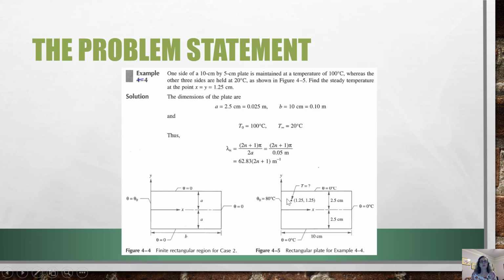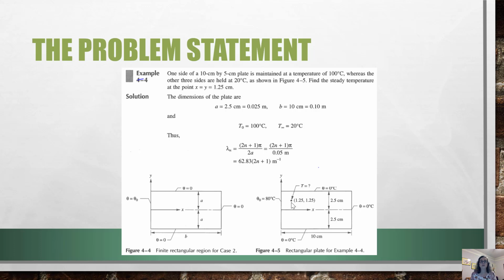So we're just going to use that formula. We have a value for A, okay, and we have our value for B. So A is 0.05, or no, 2A is 0.05, B is 0.1, theta naught is 80, theta is 0, and we're doing this for x and y equal to 0.0125.